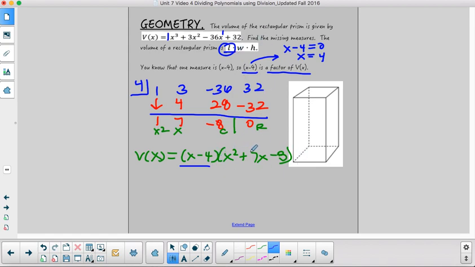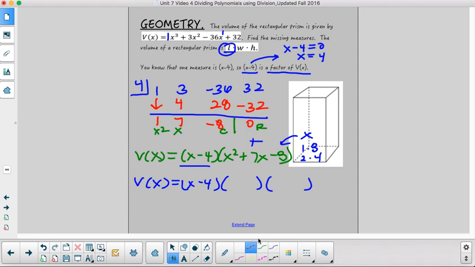Well, how do I break down x squared plus 7x minus 8? I factor it. So I'm going to go ahead and keep my x minus 4, and I'm going to factor this piece. So remember, I factor by saying what multiplies to negative 8 but adds to 7. Well, what multiplies to 8? Just 1 times 8 and 2 times 4. So which of these two options could help me get to a positive 7?